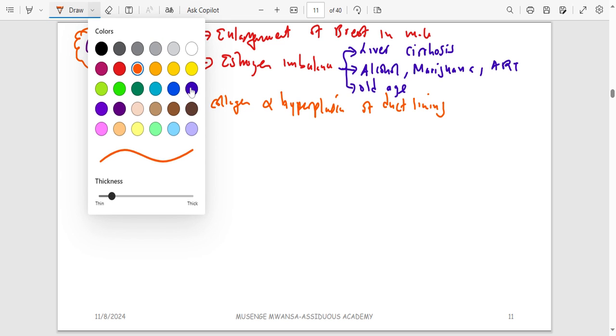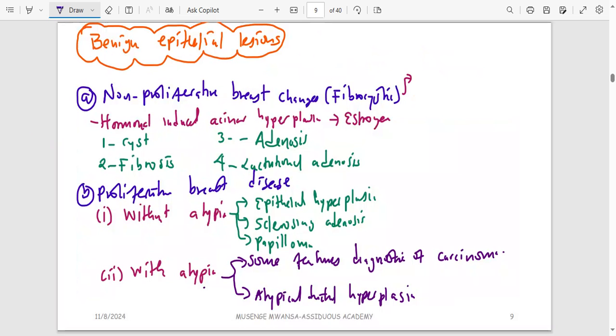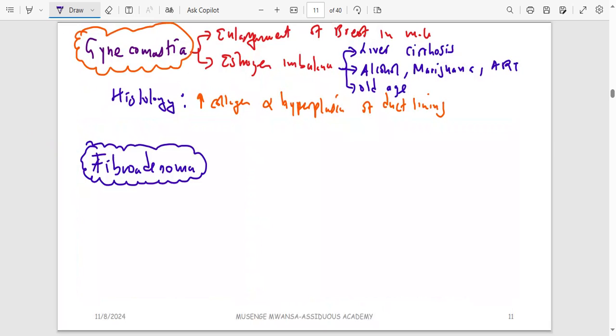Okay, and then the last thing before we mention the cancer is what we are calling fibroadenoma. As we said, this is a combination of fibrosis and adenosis, as we saw in the non-proliferative breast changes. Anyone to say something that they know about fibroadenosis? Anything?